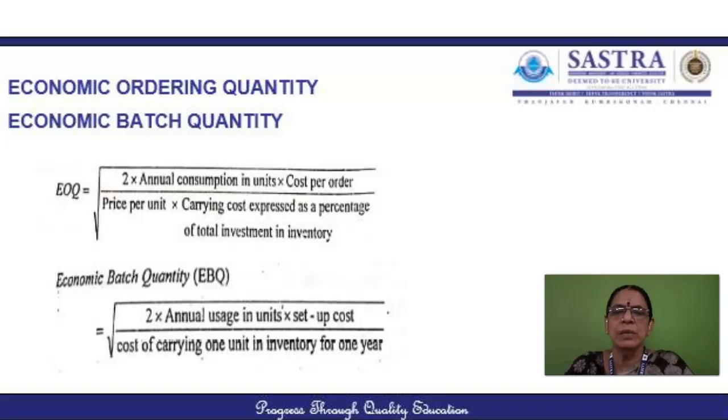Now we shall see about the assumptions of economic batch size. The annual carrying cost can be accurately estimated and known, as in the EOQ. Setup cost can be accurately estimated and it is fixed. It does not change with the lot size.